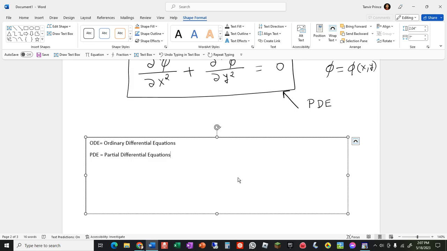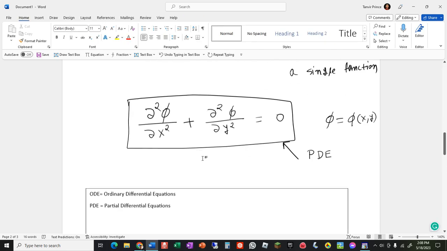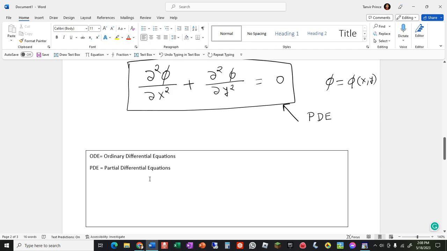In this course, 99% of the time we're going to concentrate on the ordinary differential equation. Again, in an ordinary differential equation, the unknown function is a single variable function. It's a function of x only, or a function of t only, whichever variable you choose. On the other hand, in a partial differential equation, the unknown function is a multivariable function.